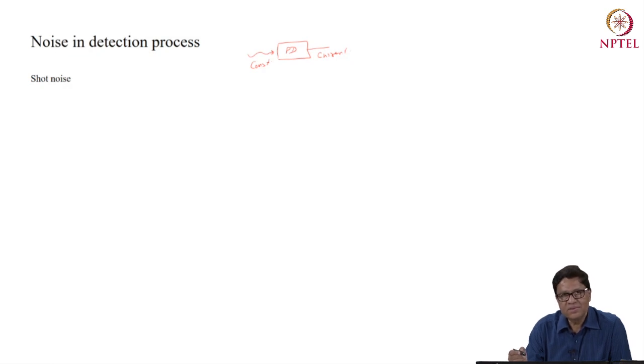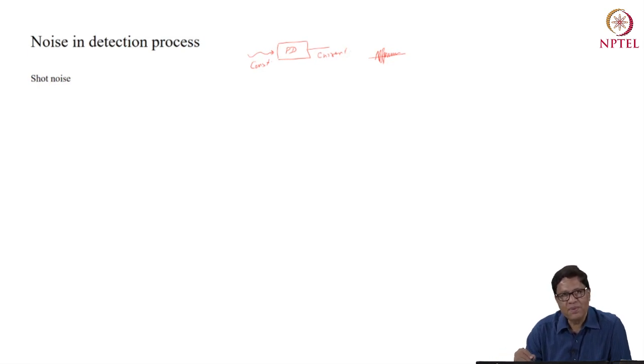A constant number of electron hole pairs is not generated, and constant current is not generated. So what you get is that this current keeps changing, though it has a mean, it is changing with time because this conversion of photons to electron hole pairs is a statistical process. So this is called shot noise.